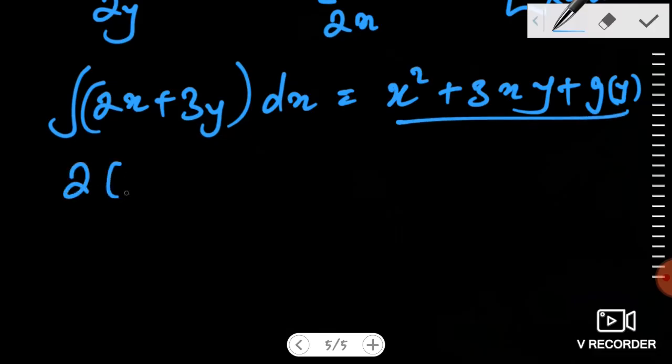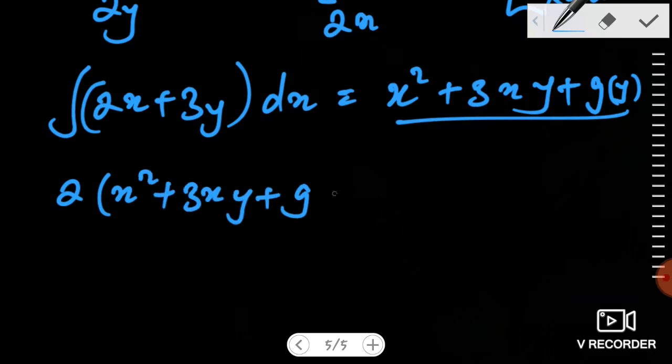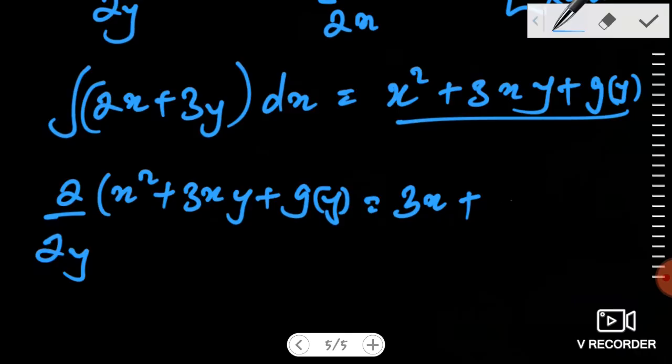So partial of x squared plus 3xy plus g of y with respect to y, right? This will give us 0, then we have 3x, right? Plus g prime of y, right?